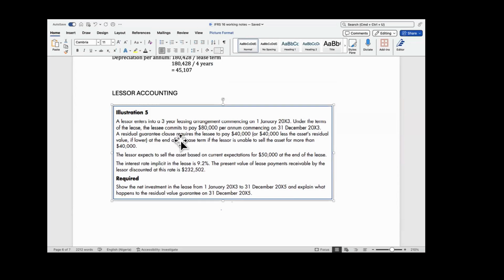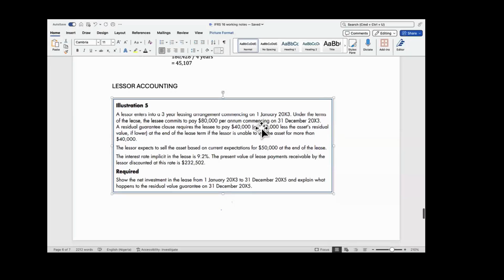That means the lease term is 3 years and the commencement date is 1st January 2003. And we're told that the lessee commits to pay $80,000 per annum, commencing on 31st December 2003. That means the rent the lessee will pay is $80,000, and this is paid at the end of each year, which shows that this rent is paid in arrears.